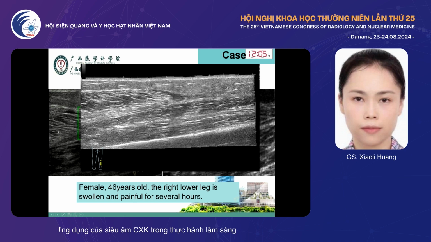From this picture we can see a tear at the distal end of the medial head of the gastrocnemius muscle, and this is a normal one.